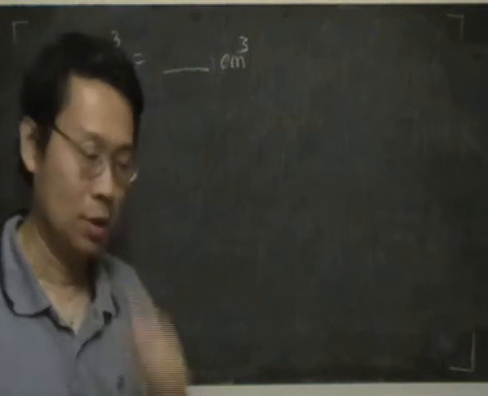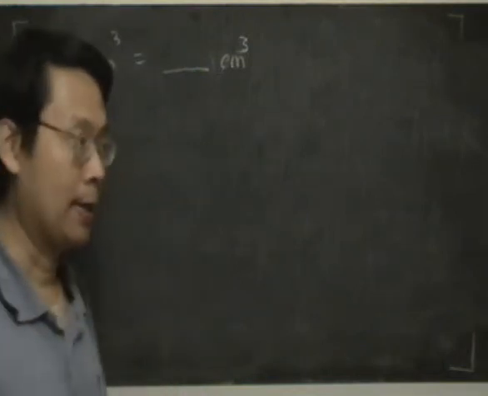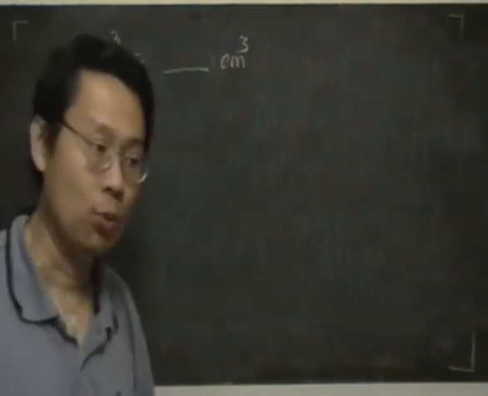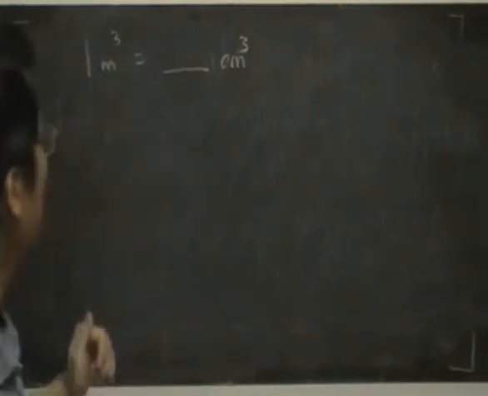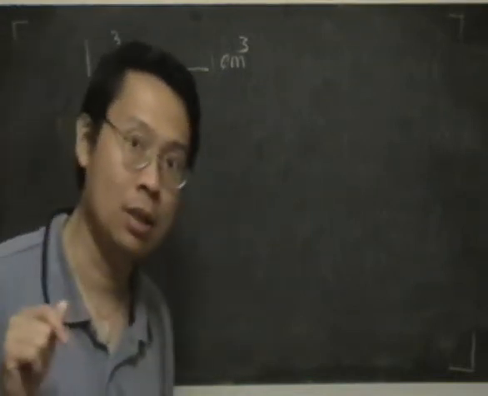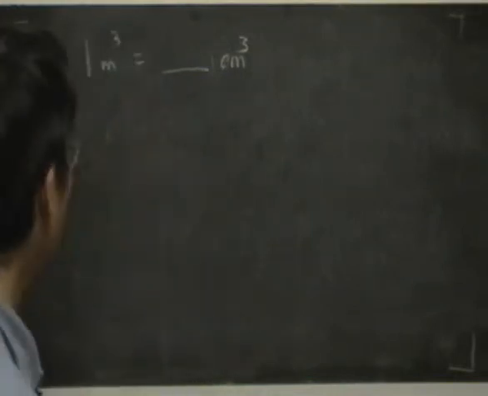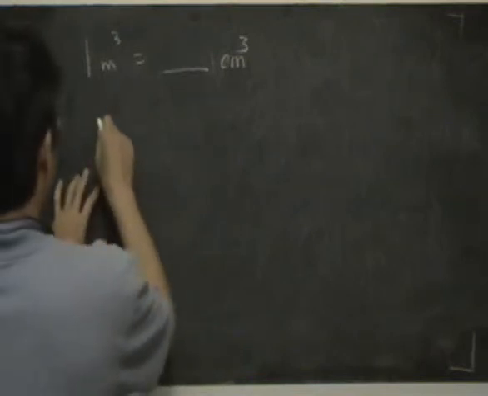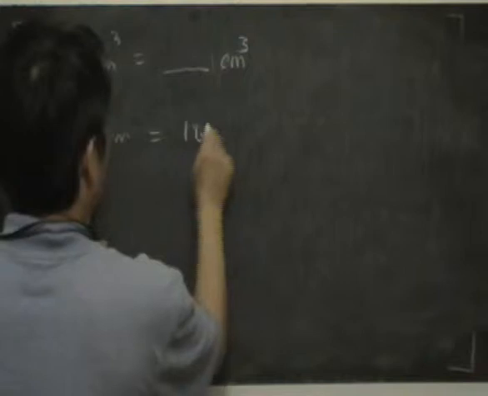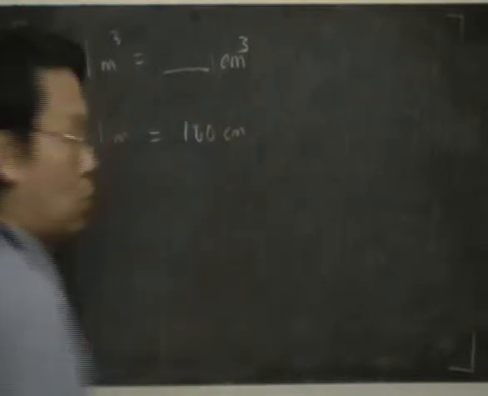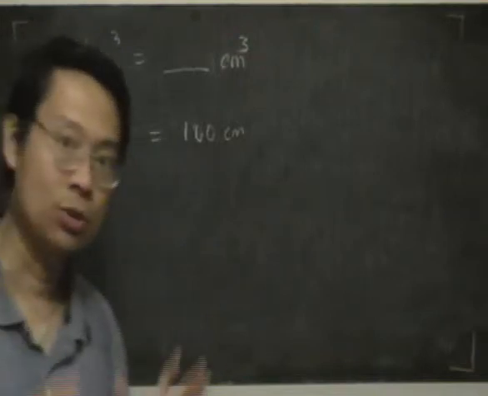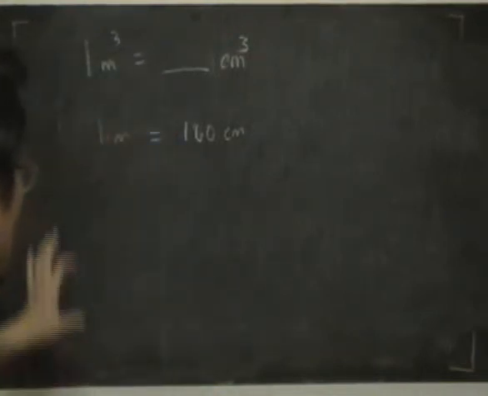Okay, now we can do this starting from the relation between 1 meter and 1 centimeter. So let's write that down. 1 meter is equal to 100 centimeters. Okay, so that's our starting point.